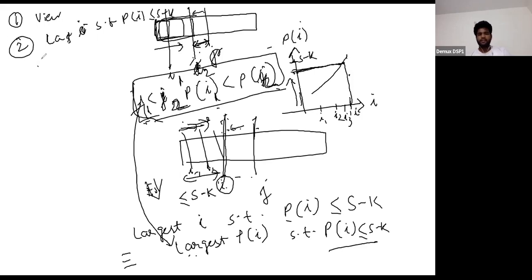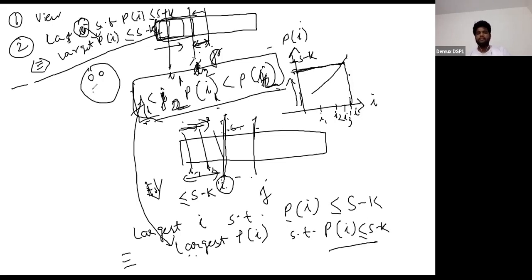And from here, this is equivalent to saying that I have to find the largest prefix sum which is less than or equal to s minus k. So why did I go from i to p_i? Because my container has p_i's, so I reduced the property in terms of p_i.